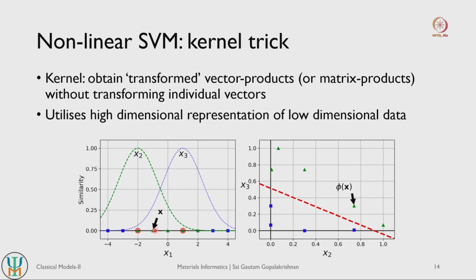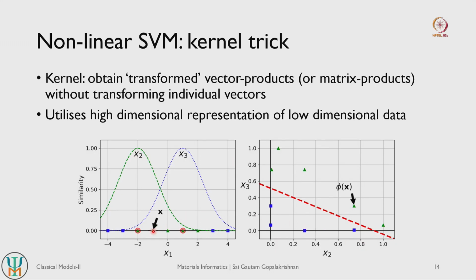So whatever x1 values we have for these individual data points, we are going to project them onto these Gaussians and plot those Gaussian values here. So I am basically plotting x2 values here. x2 are the projected values of these data points on this Gaussian here, right, and x3 are the projected values of the data points on the x3 Gaussian here. So I am basically trying to plot x2 versus x3.